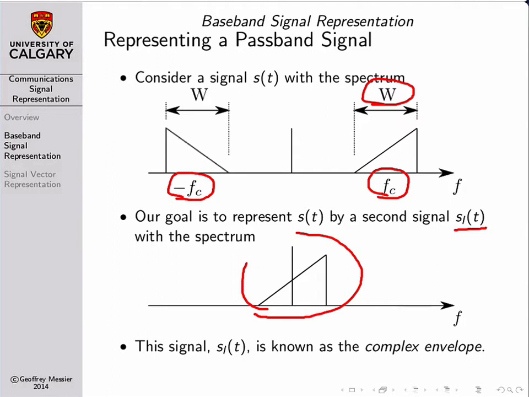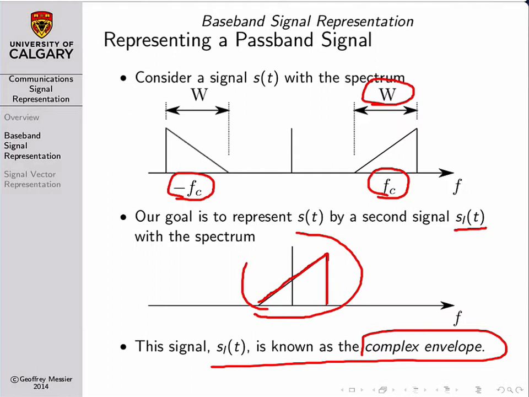That's exactly what baseband signal representation is all about. The whole goal is to represent a passband signal with a signal centered instead at baseband. The signal s_L is generally referred to as the complex envelope of the signal. The reason is, as suggested in my picture, the spectrum of the baseband signal is no longer conjugate symmetric around zero, and when that happens, you get a complex signal rather than a real signal.